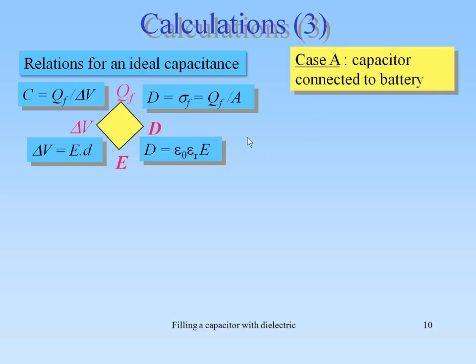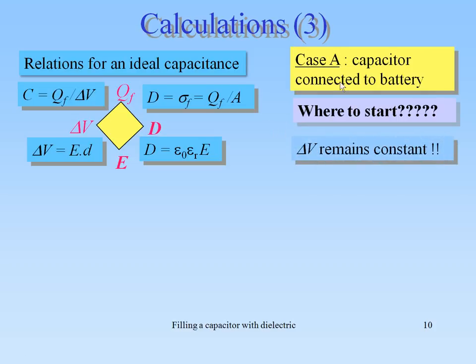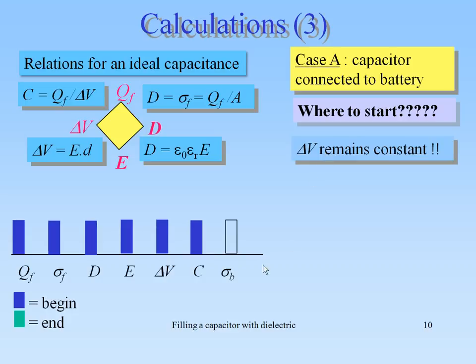Well, where do we have to start? We know that in this situation, case A, the potential difference will remain constant. So, when we discuss the variables here, we have to start with the delta V. The delta V remains constant. Using this relation here, we can see that it means that the E remains constant.